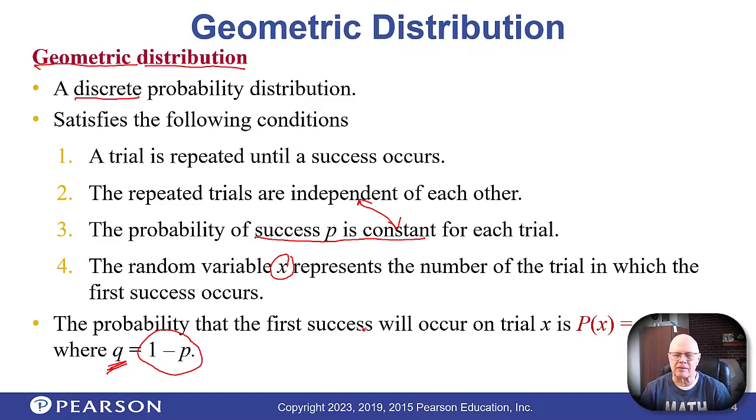Now I'm going to make a slight change to this one, and I'm going to explain why I would write this a little bit differently. Because first of all, if you think of it in terms of shooting a basket, for example, or hitting a golf ball, you're going to keep doing it until you get it in the hole or in the basket.